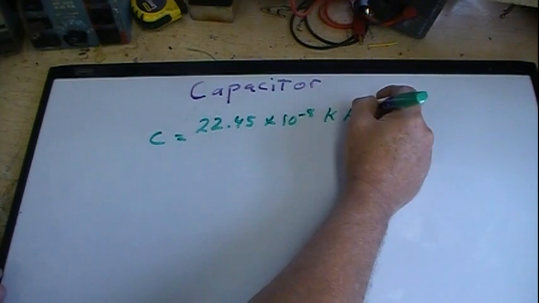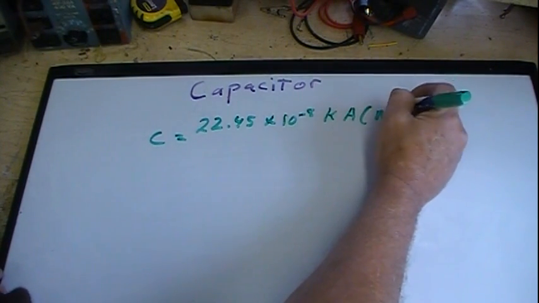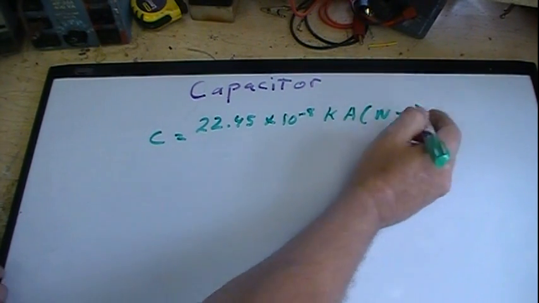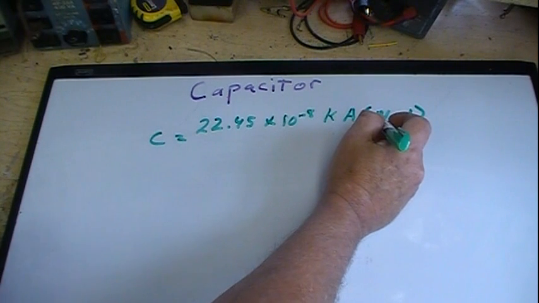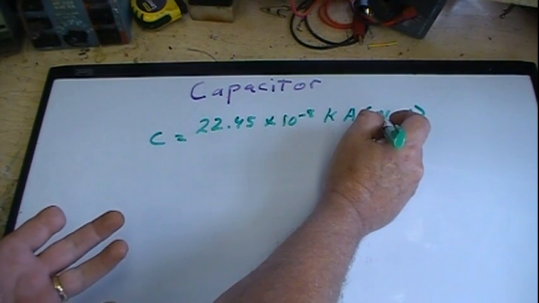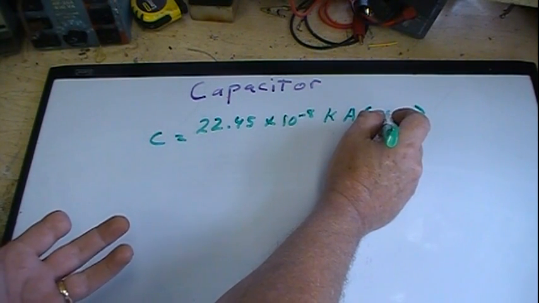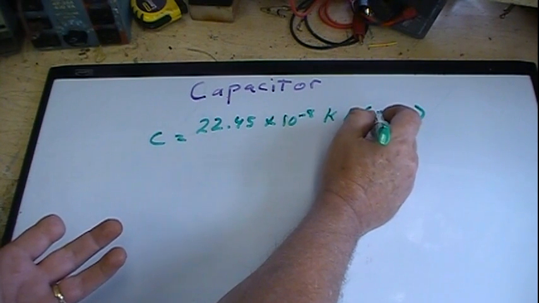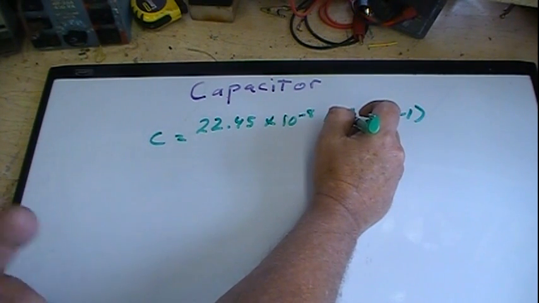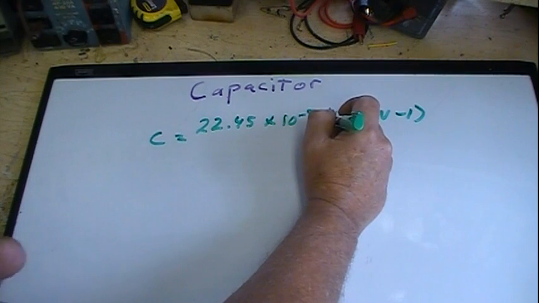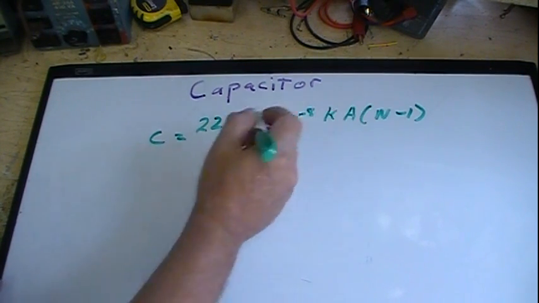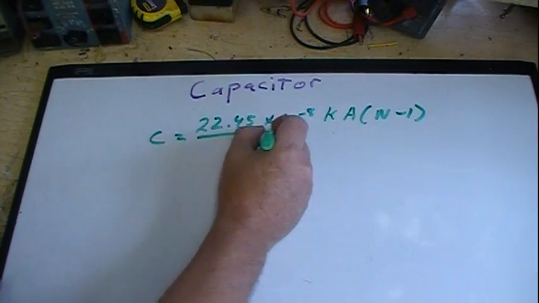That will also be times N minus 1. It's the number of plates. So if you have 5 plates, then it'd be 5 minus 1, so you have a total of 4 in here, times the area of one side of one plate, times our dielectric constant, times this number.